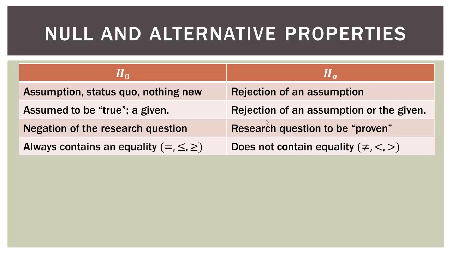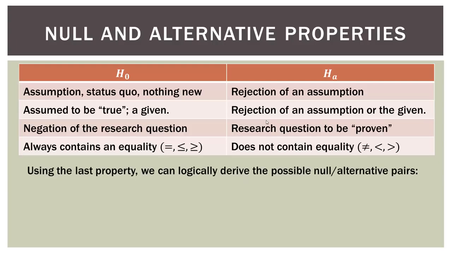Trust me. So, using this last very helpful property, we can logically derive the possible null and alternative pairs. So we could have this, where the null is equal to some value, and therefore the alternative is not equal to that value. We could have this case, where the null is less than or equal to some value, therefore the alternative has to be greater than that value.